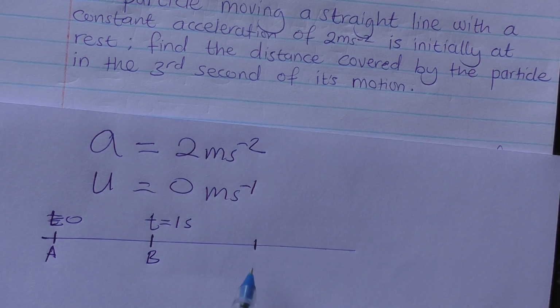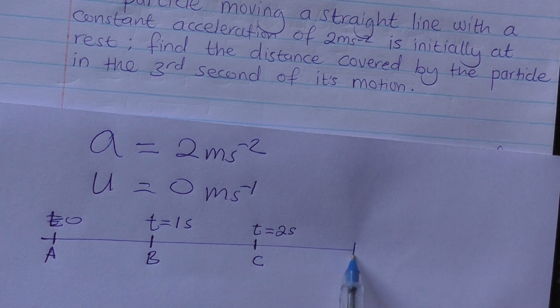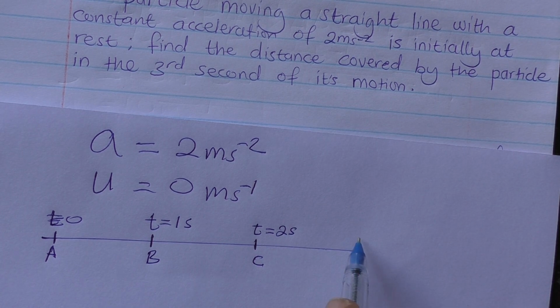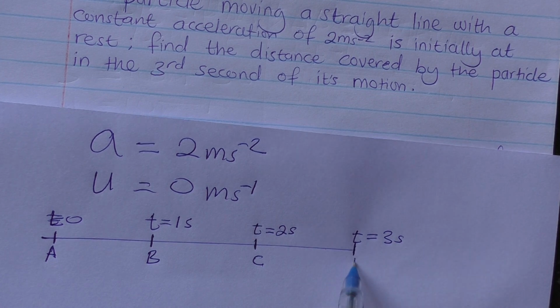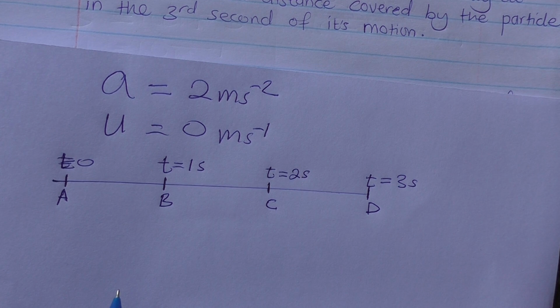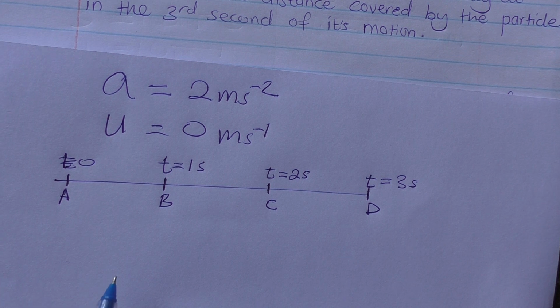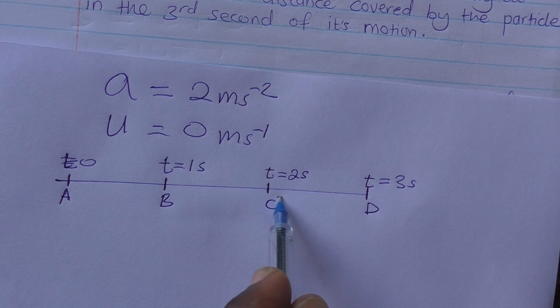During the 2nd second, time is 2 seconds, and it covers some distance. And during the 3rd second, when time is 3 seconds, it also covers a distance. So we are asked to find the distance covered by the particle in the third second.